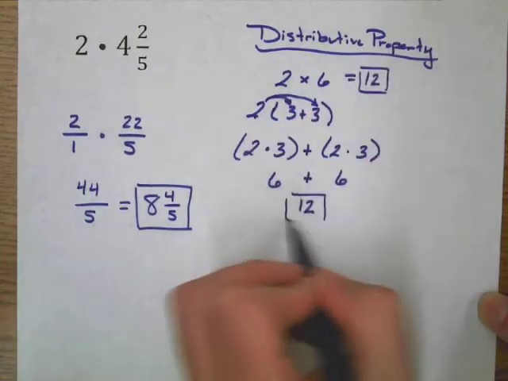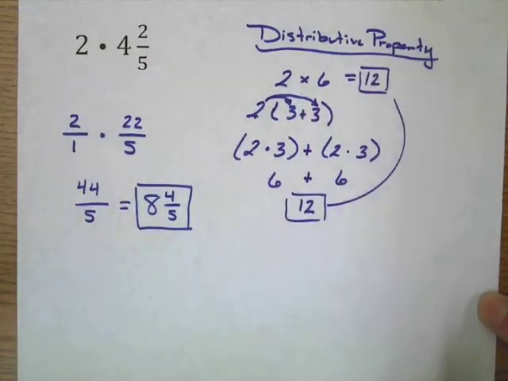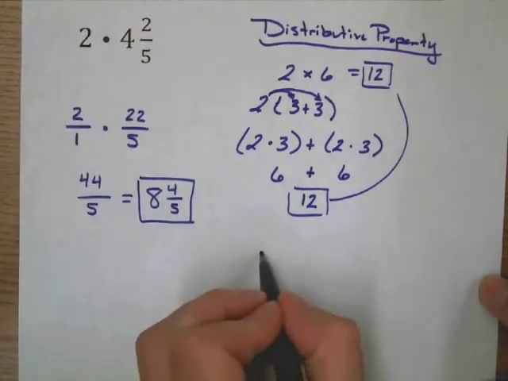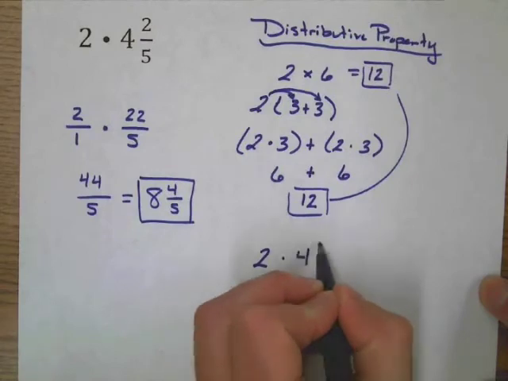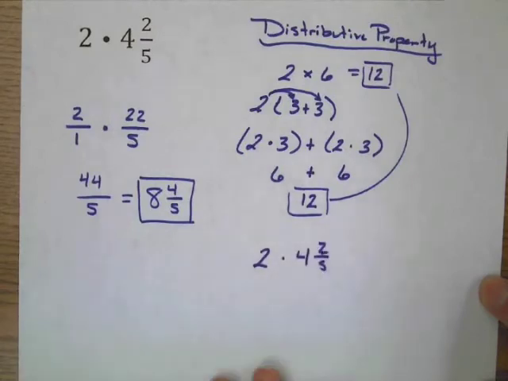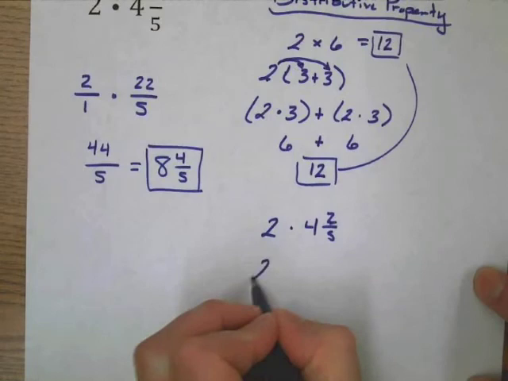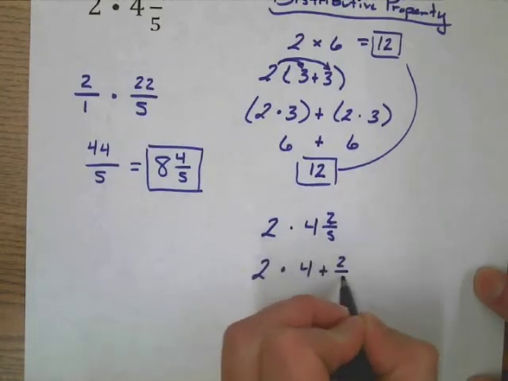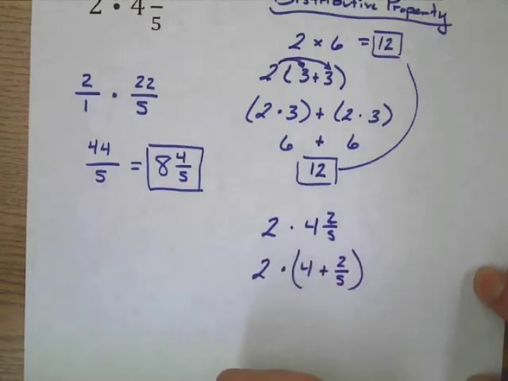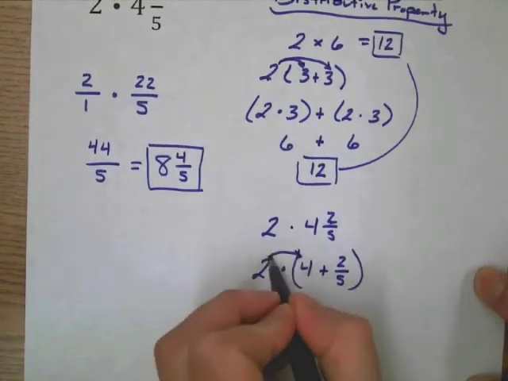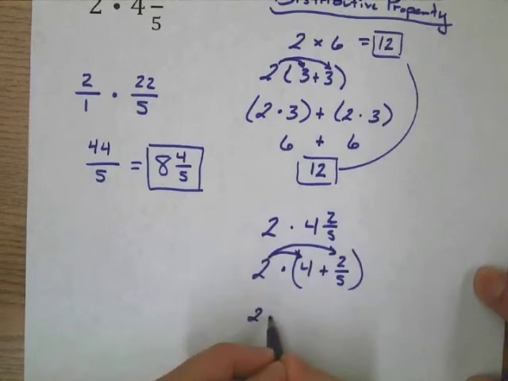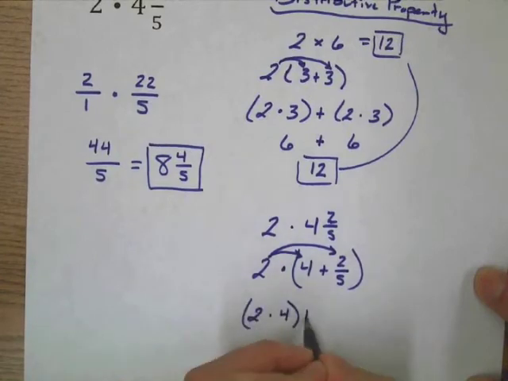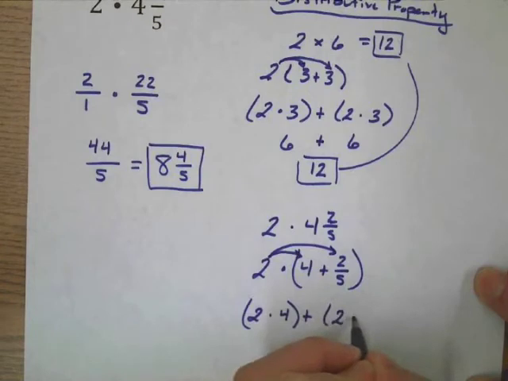So those match up. I can do the same thing with fractions. If I have 2 times 4 2/5, I can think of that 4 2/5 as 4 plus 2/5. Now I can distribute my 2: 2 times 4 plus 2 times 2/5.